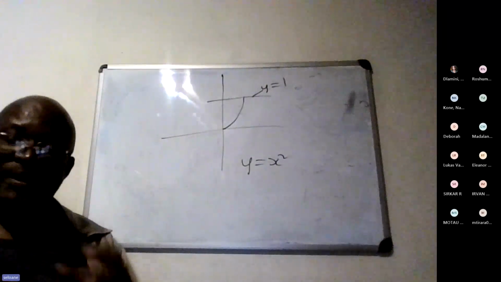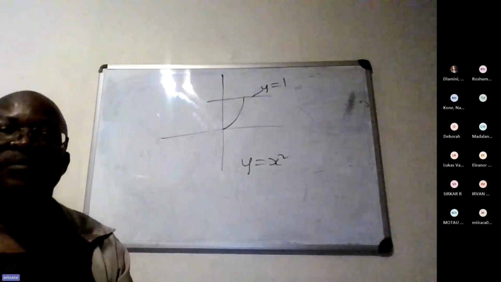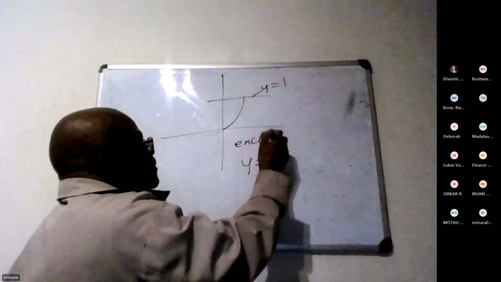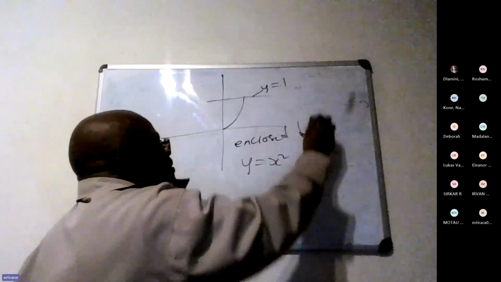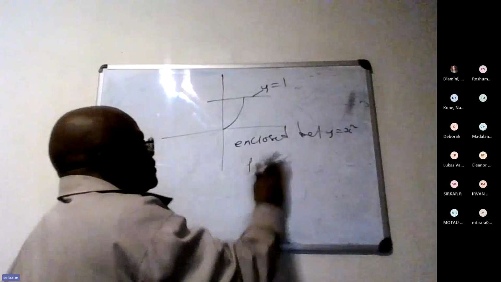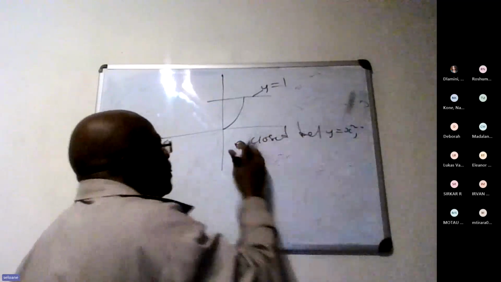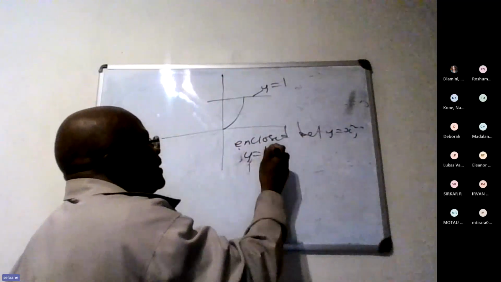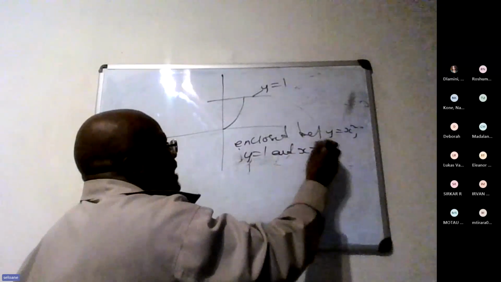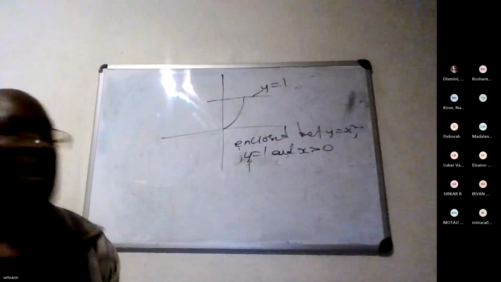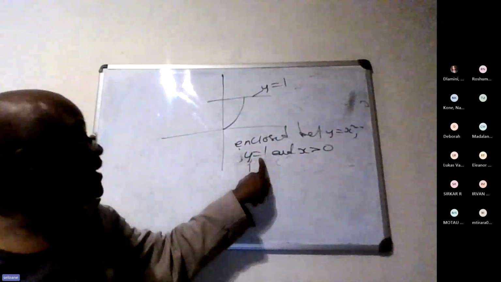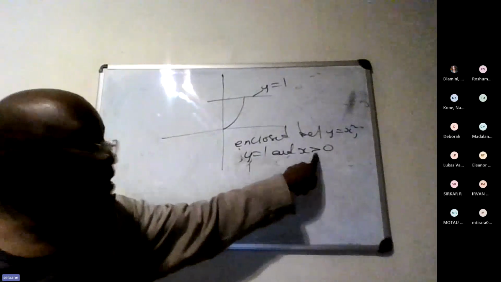In other words, you take the region enclosed between y equal to x squared, y equal to 1, and where x is greater than 0.